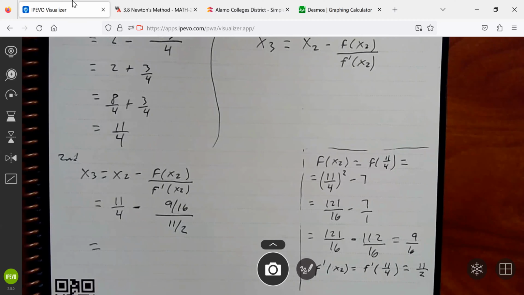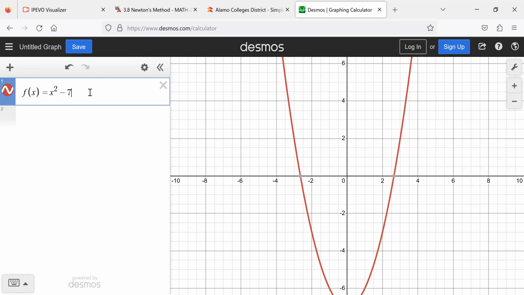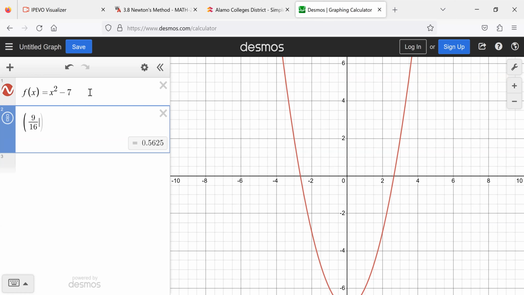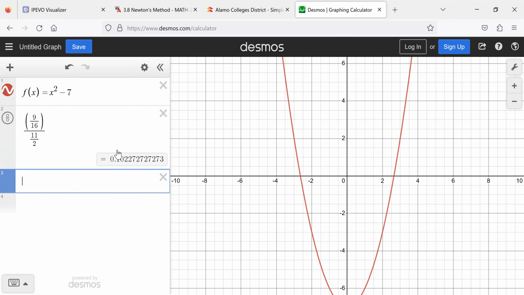I think I need a better calculator. 9/16 divided by 11 halves. Okay, so about 10.7.